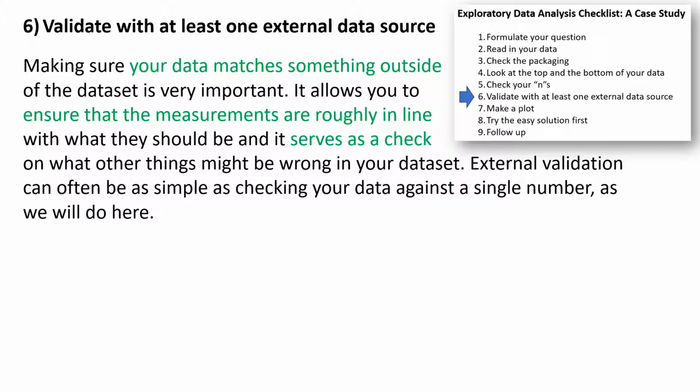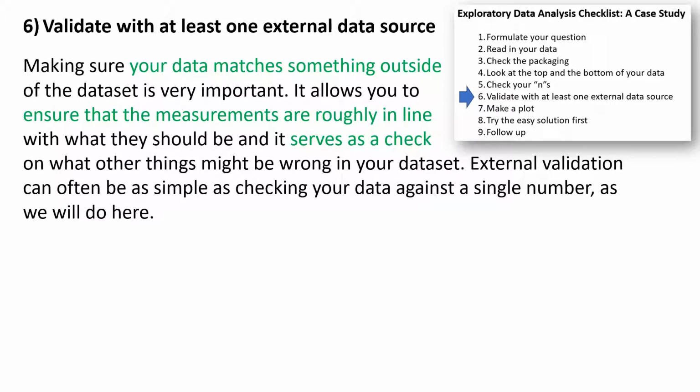Something else that we should do is validate with at least one external data source. We already knew, based on our prior knowledge, what to expect for values in the month column and the day column. So that's what we looked at earlier and saw, yeah, it's what we expected. But when it comes to values that we're not sure about, like the ozone level, we would need to go outside this data and look at some external sources and find out: do these values make sense?